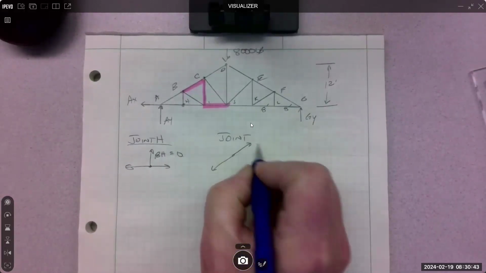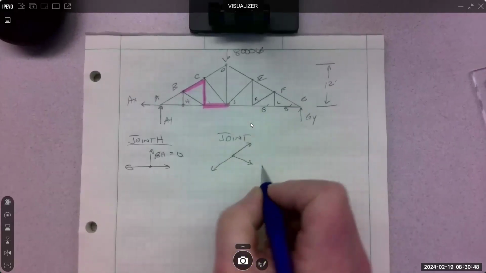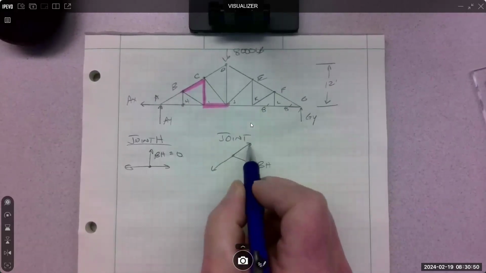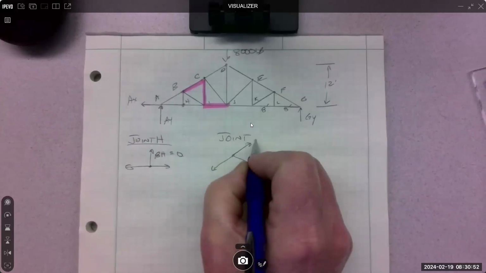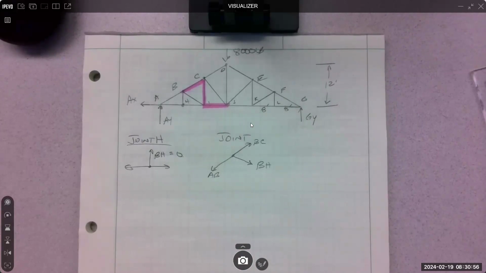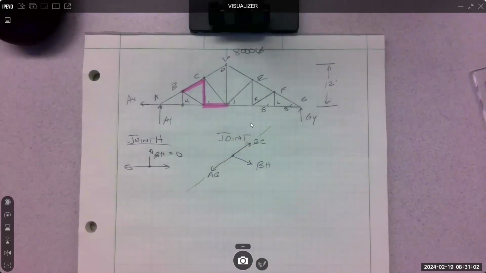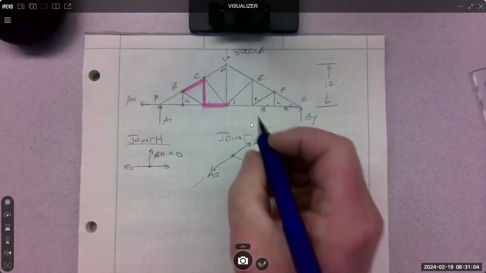Again, I don't know directions, but it looks something like that. I don't know these directions of BC and AB, but I know they're in line. That's the important thing. These are in line at joint B.